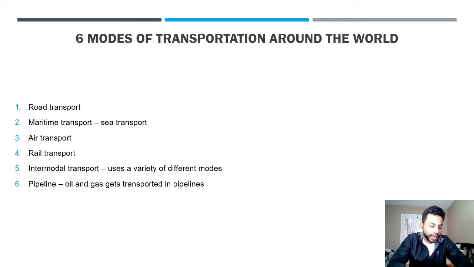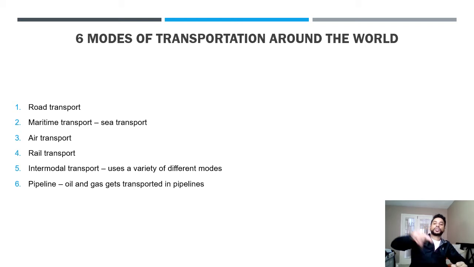Intermodal transport happens a lot in industries. For example, we use our pipelines to send oil to our port. From there, the port puts it onto a ship. Then the ship goes to the other country, and that country offloads it all into rail cars.